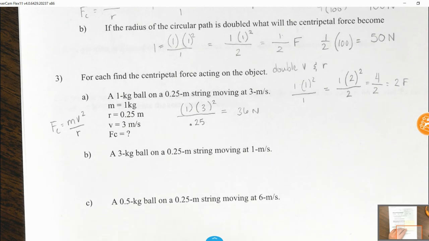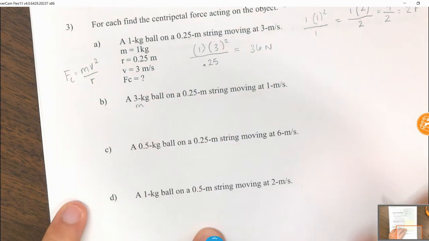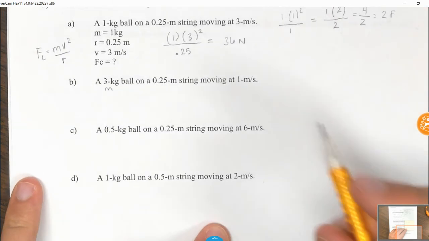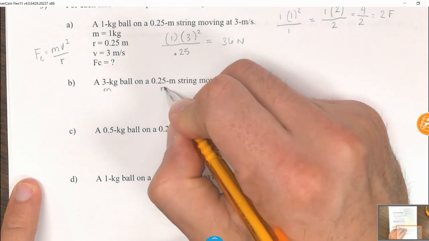Okay. Well, now they want you to still find centripetal force for B, C, and D. So what you want to make sure you do is label who is what. Kilograms is mass. This meter here is your radius.